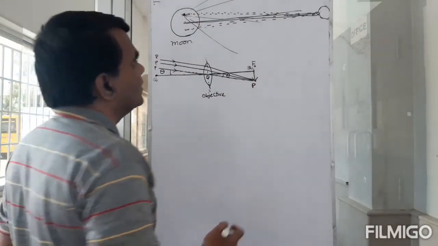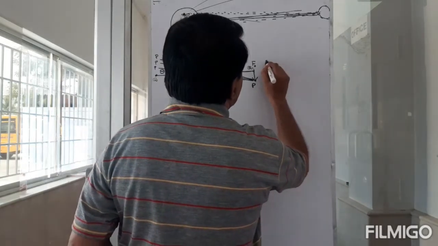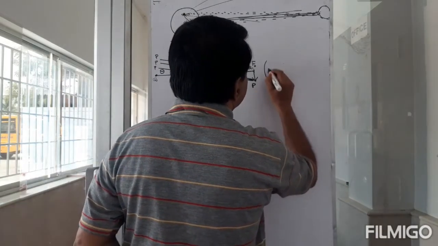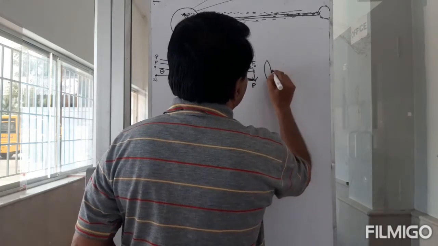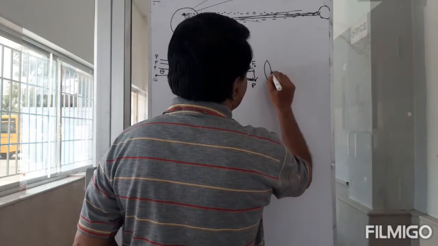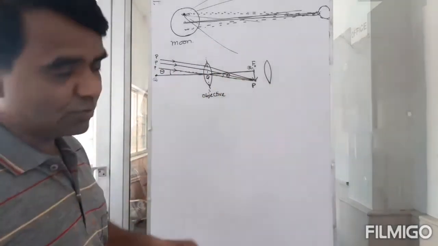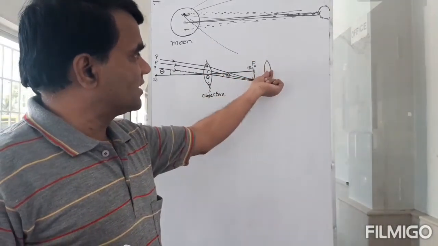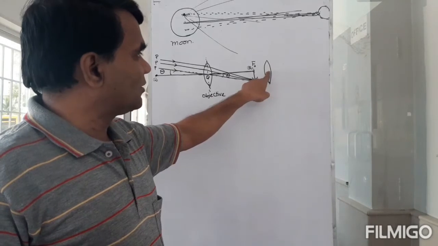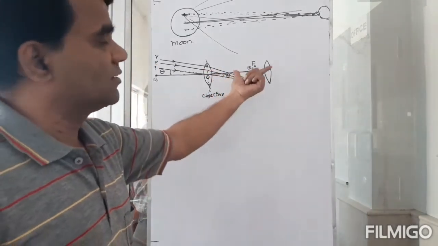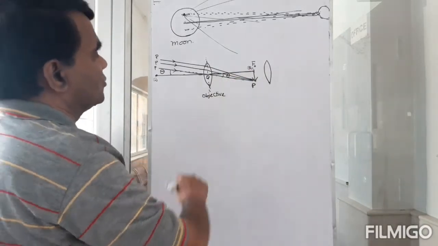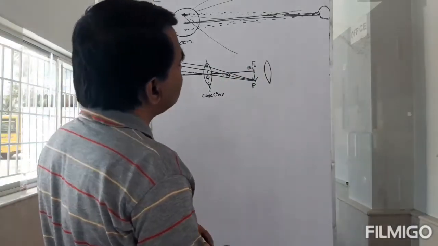How? Let me keep a lens here, and then let's suppose I keep my eye here straight away. It's a thin lens, as usual, so this distance can be ignored. This optical center can be taken as my pupil itself. It's so close that there is no difference anyway.